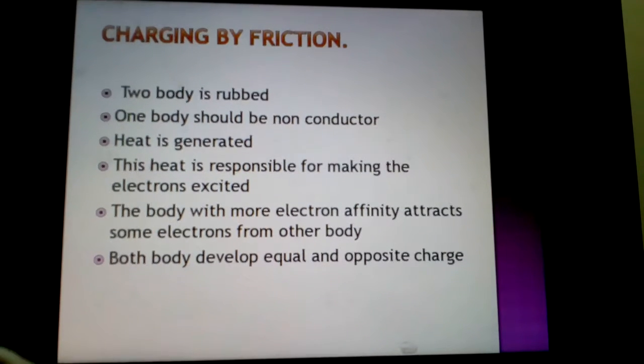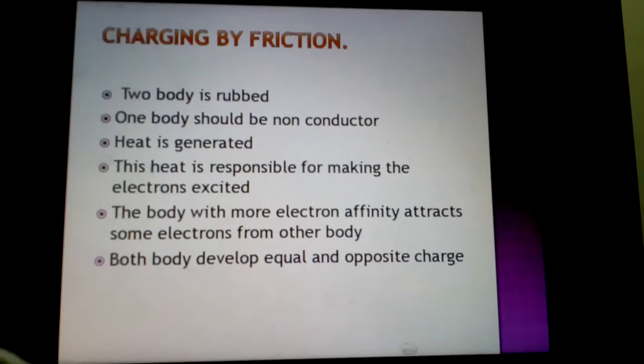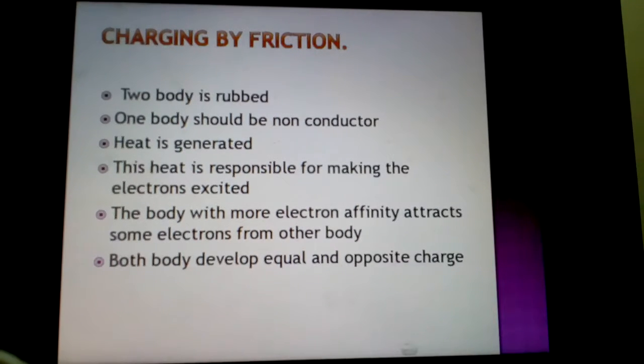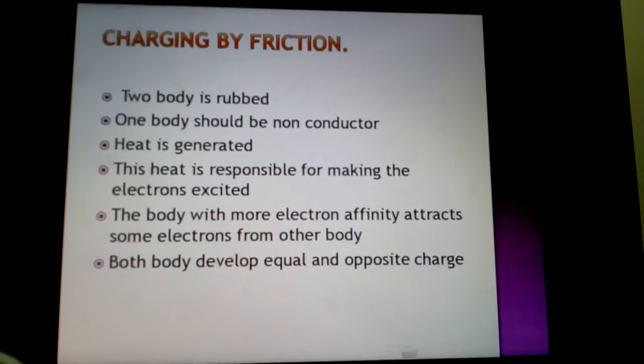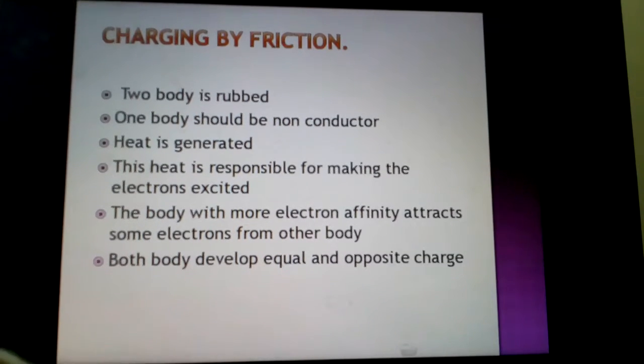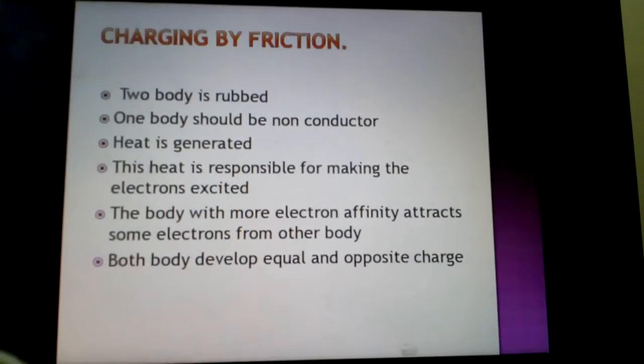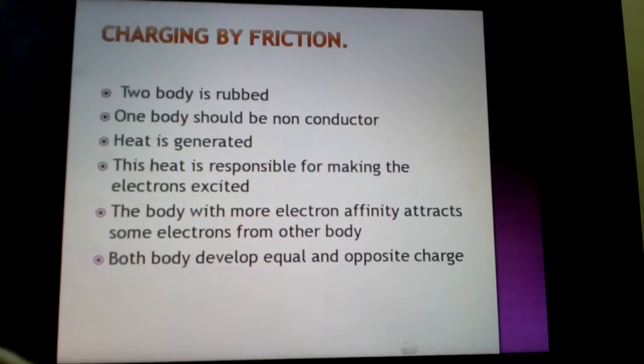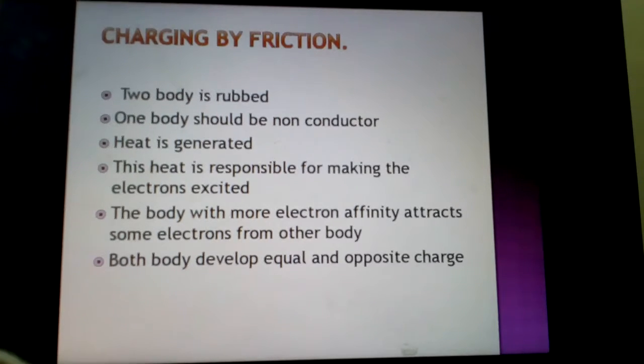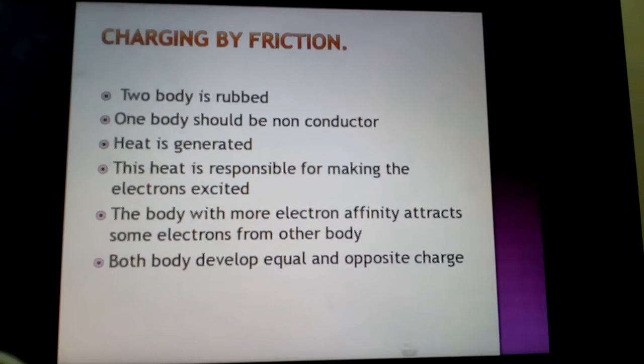You know that a non-conductor is a substance that does not allow heat or electricity to pass through it. When the rubbing takes place between the two bodies, heat is generated, and this heat is responsible for making the electrons excited.